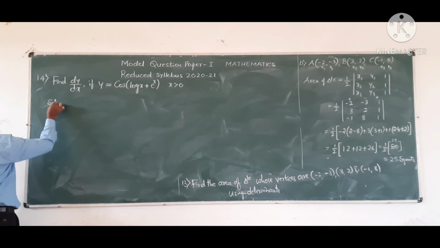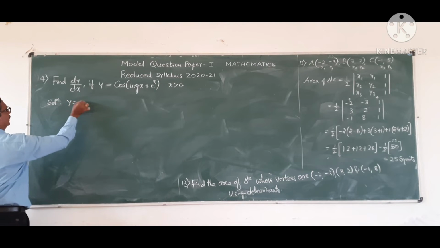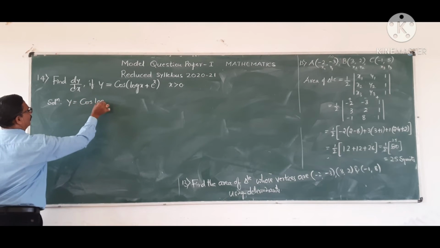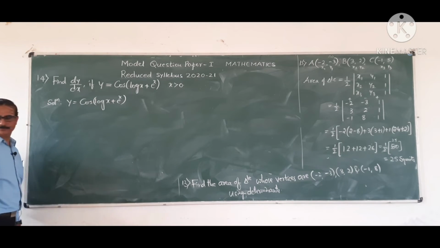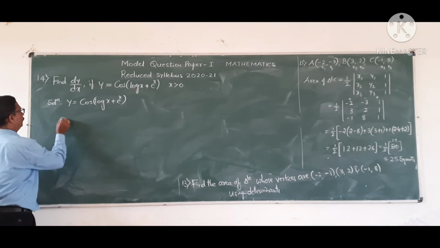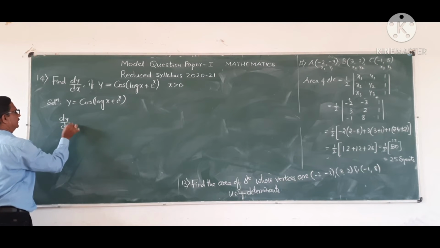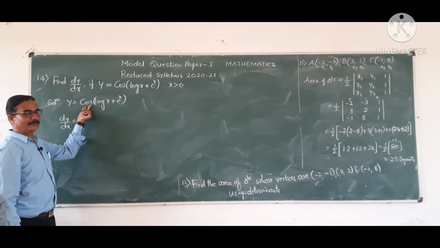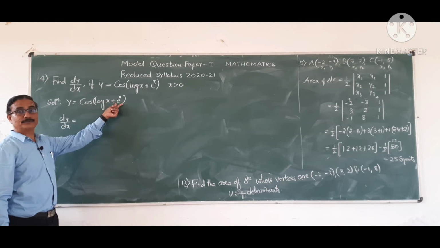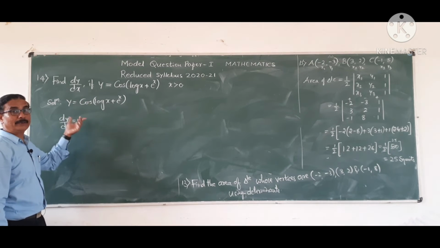Now here the solution. Given data: y is equal to cos of log x plus e power x. Now find dy by dx. How many friends? 3 friends. First friend cos, second friend log x, third friend e power x. Now differentiate one by one part.